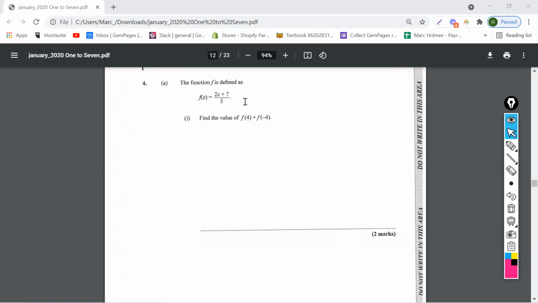Okay, so let's finish up. So guys, functions, very easy thing. I think we've done this before. Functions. If you guys don't remember this, I have videos on these as well. So guys, it's kind of simple. It says find the value of f of 4 and f of minus 4. Well, f of x is equal to (2x plus 7) over 5, right?